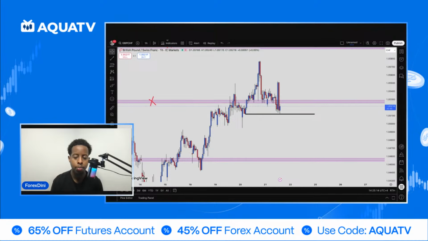I want to see price break and close below 1.05119, sorry, before we consider a potential short with pound Swiss. But I want to monitor it.